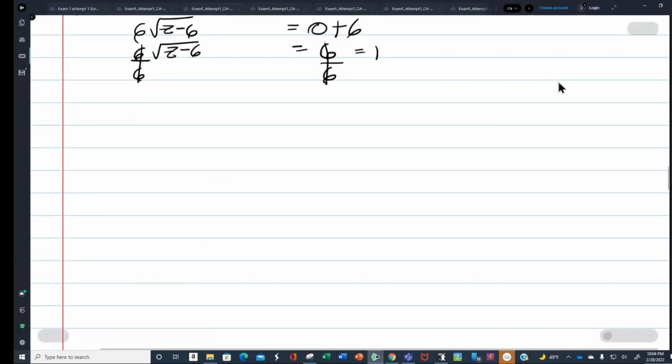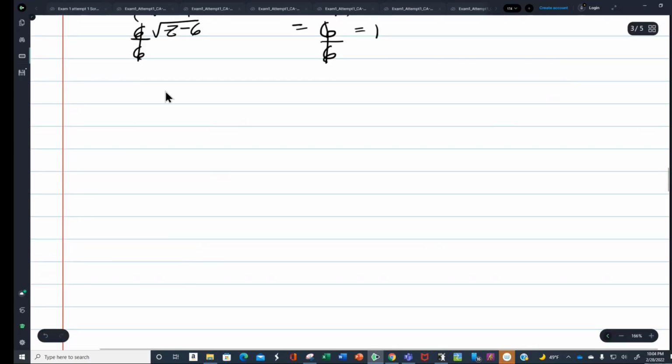So we're going to have the square root of z minus 6 equals 1. And then we're going to square both sides. That will give us z minus 6 equals 1. I'll add 6 to both sides.